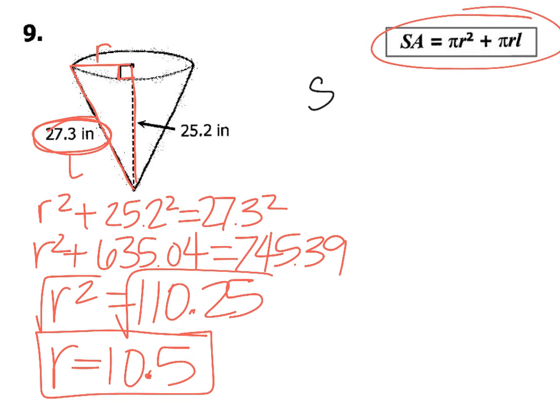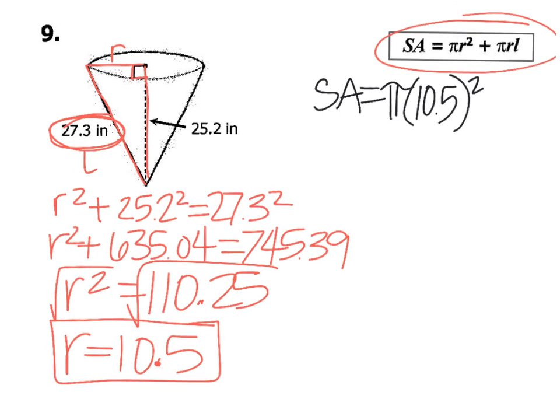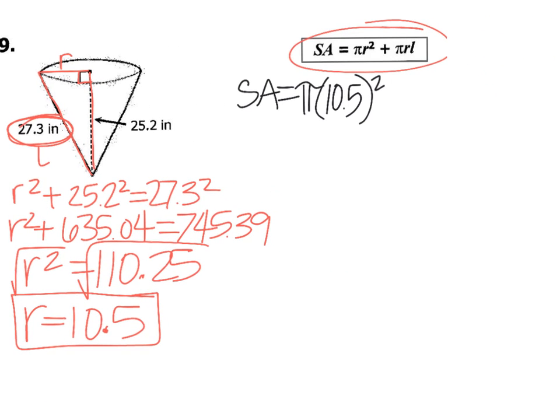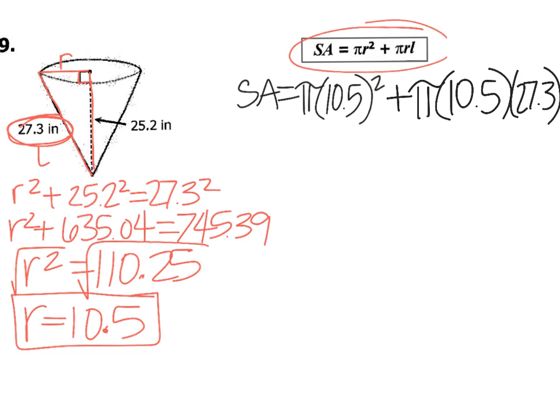So, surface area equals pi times our radius we just found using the Pythagorean theorem squared, then plus pi times radius times our slant height, which is 27.3.